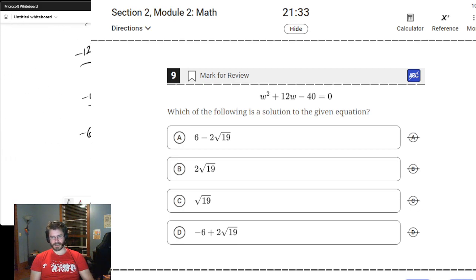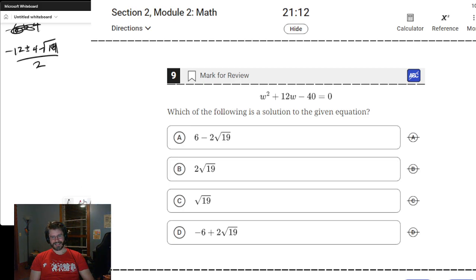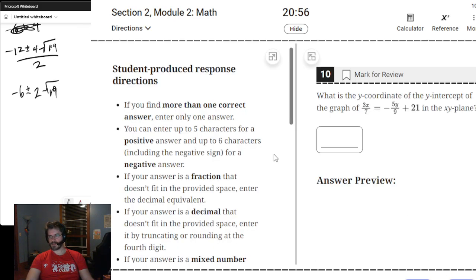So that's the same thing as if you take the square root of that, you get 4, or sorry, let me back up. Negative 12 plus and minus 4 root 19 over 2. Reduce that. You guys can't see what I'm doing. That's supposed to be a 19. Make it look nice. So reducing by the 2, you get negative 6 plus and minus 2 root 19. So D is our answer. Next. Whew, that one was a doozy.